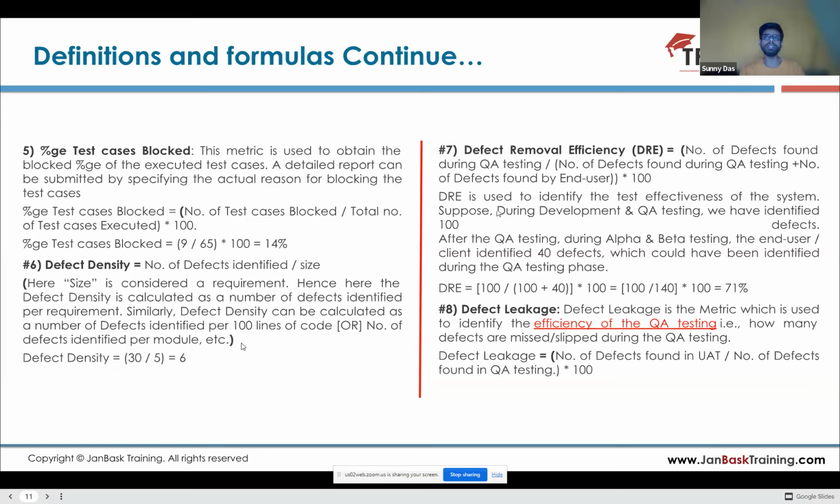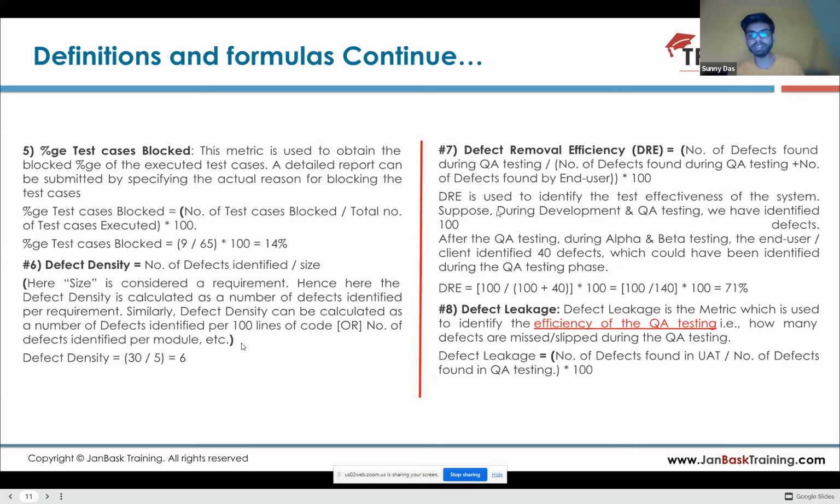Most probably it is going to be checked during the unit testing phase, because when the developers test their code, they will find defects. So if they find the defect density according to the lines of code they have written, they will use that formula. But from the testing side, if you are asked what the defect density is, you can say that the number of defects I am finding divided by the total number of requirements will give me the defect density.